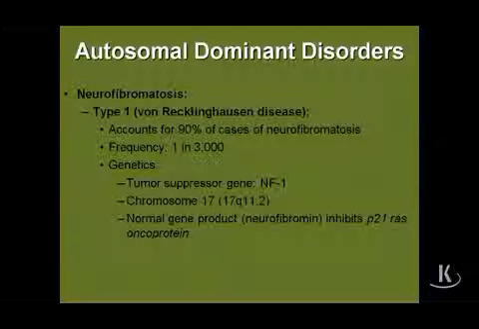And what its important role in life is this neurofibromin, which is the gene product of NF1 on chromosome 17. What is its role in life? As you remember, when you transduce a signal from a receptor on the surface of a cell, you have GTP binding proteins that could be inhibitory or stimulatory to the transduction of that signal.